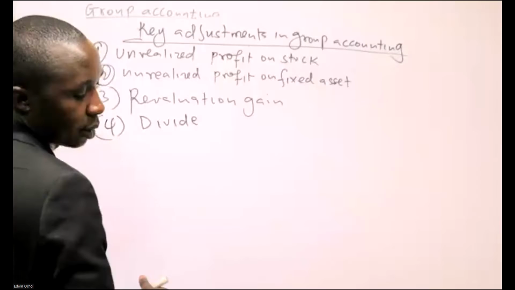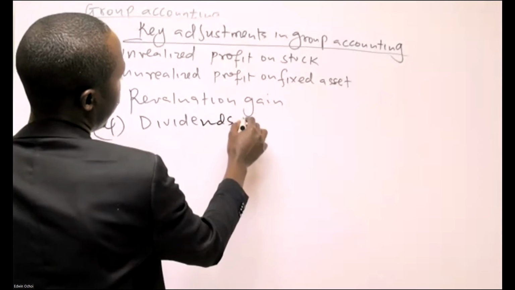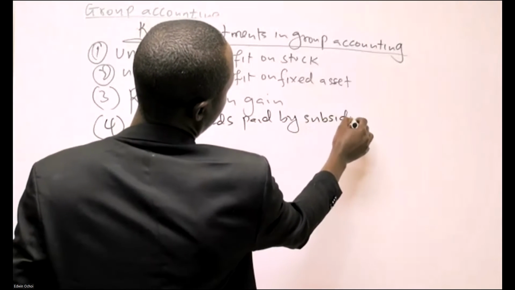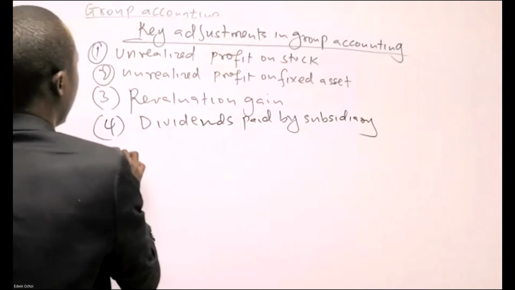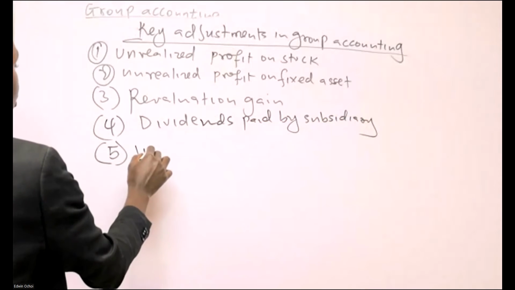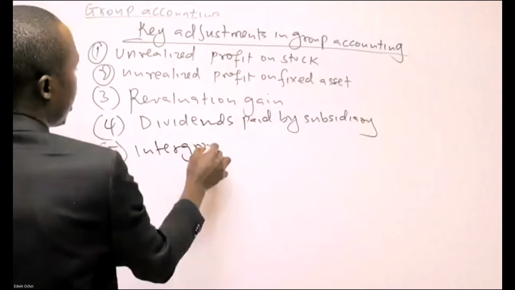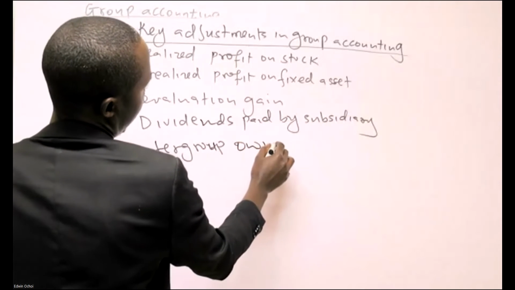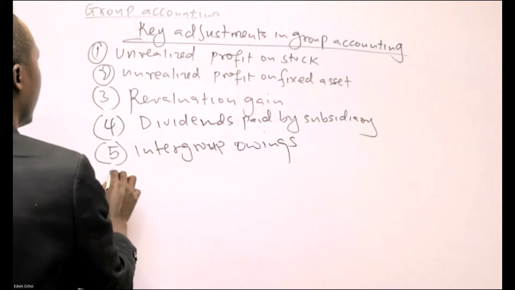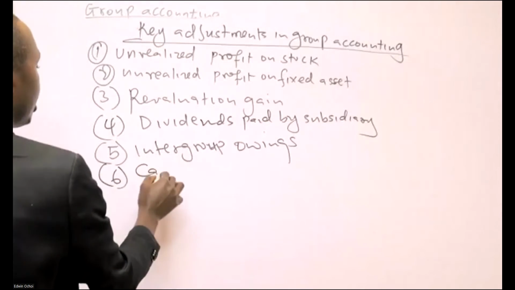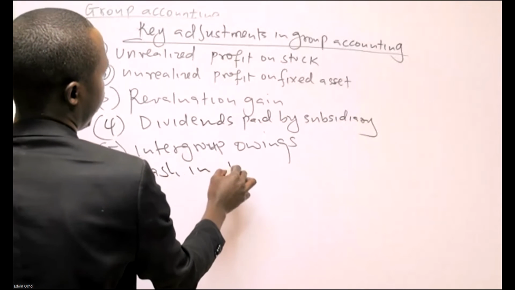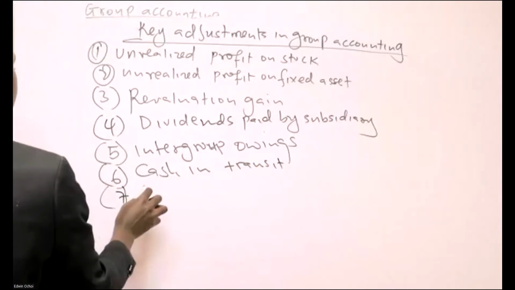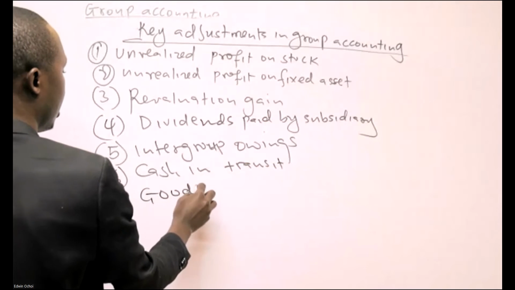Number five, intergroup owings. Number six, cash in transit. Number seven, goods in transit.